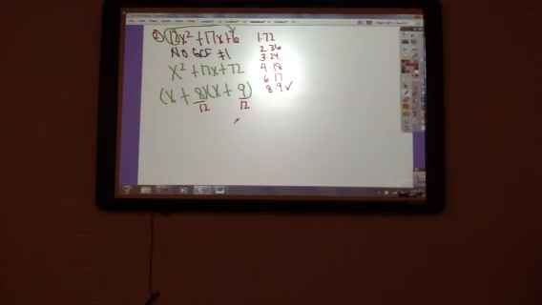So we do need to reduce those fractions before moving forward. 8 over 12 is the same thing as 2 over 3. Also, 9 over 12 can be reduced to 3 over 4.